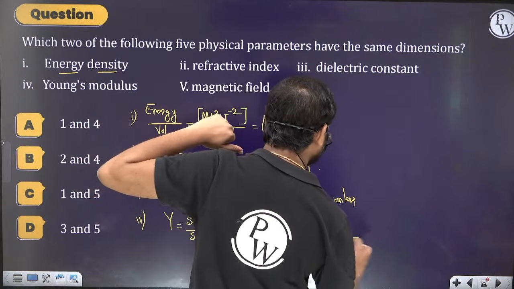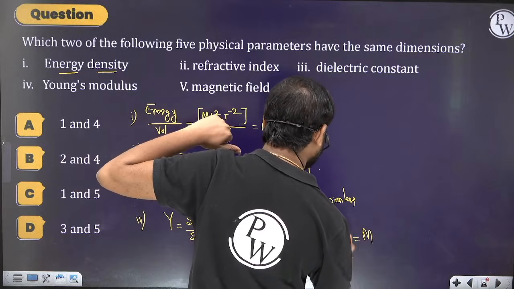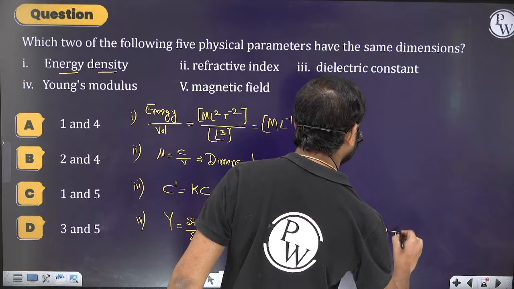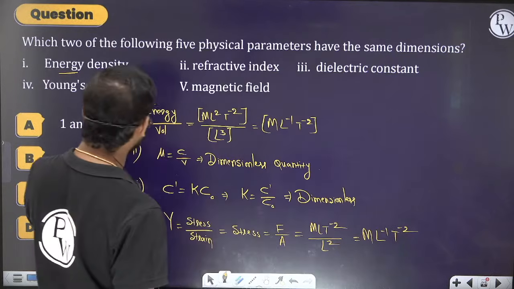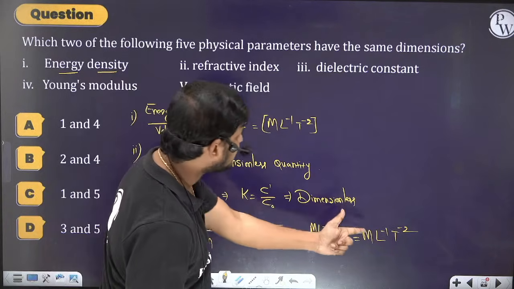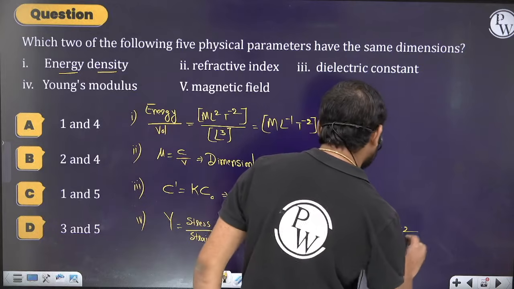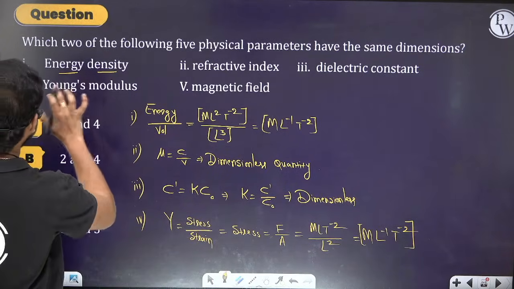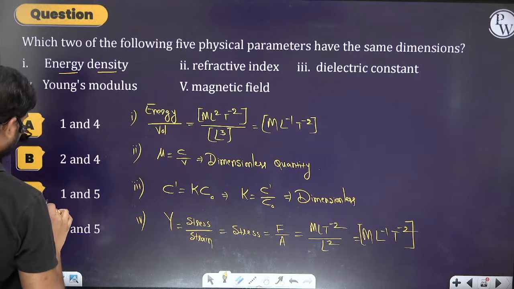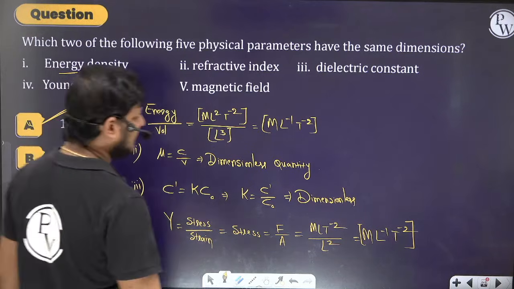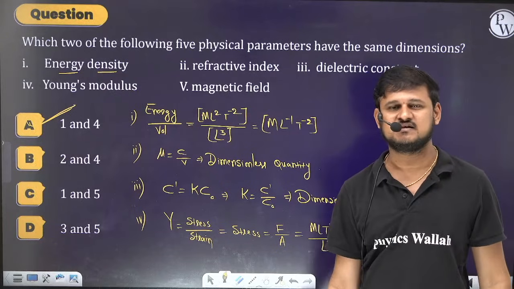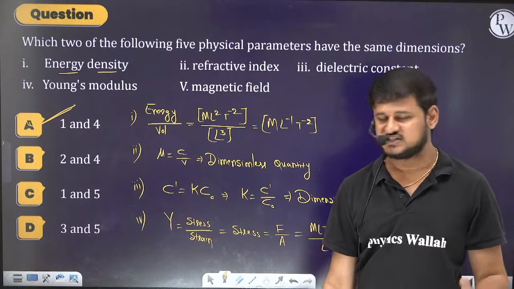Then it becomes M L to the power minus 1, T to the power minus 2. It's matching with the first one, M L to the power minus 1, T to the power minus 2. So simply you can go for 1 and 4. Option A is the correct answer. Clear? Understood, guys? Clear? Next.